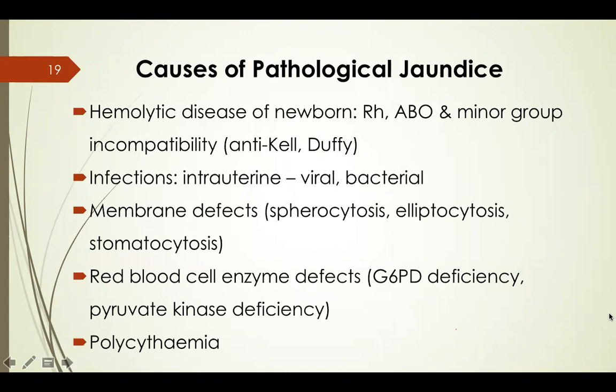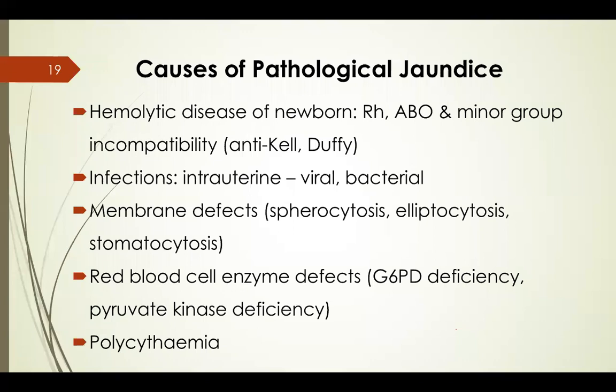Okay, causes of pathological jaundice. Most common is ABO incompatibility, rhesus incompatibility and minor group. We have a few groups, Kell, Duffy, and other minor groups, which can also cause this pathological jaundice and hemolysis.